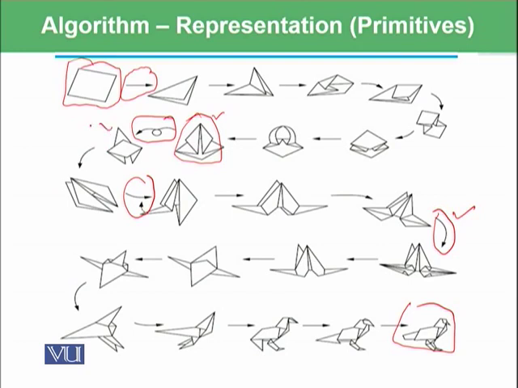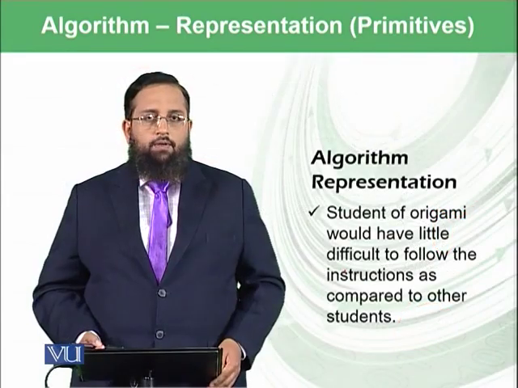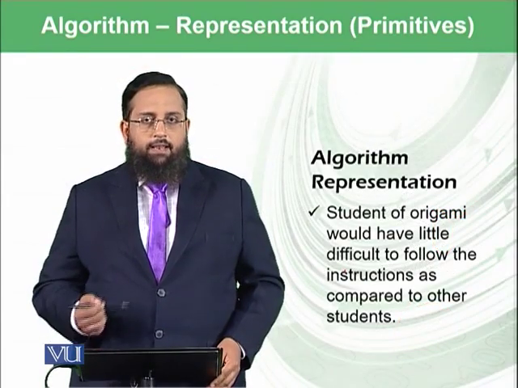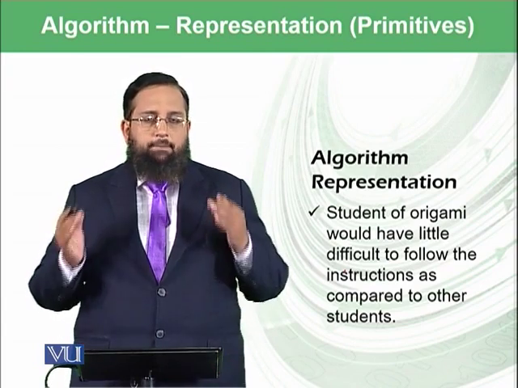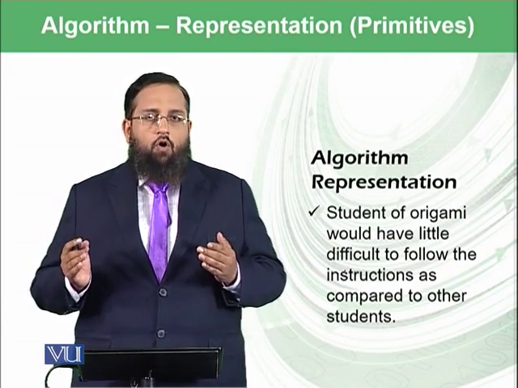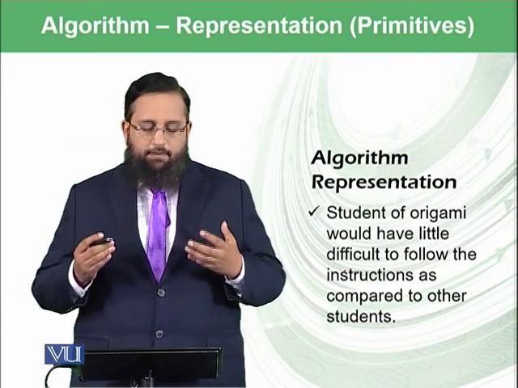All of these constructs, the primitives, are being used by students of origami. We will learn a little more about origami in the next slides; it is a Japanese art of making pictures using paper.